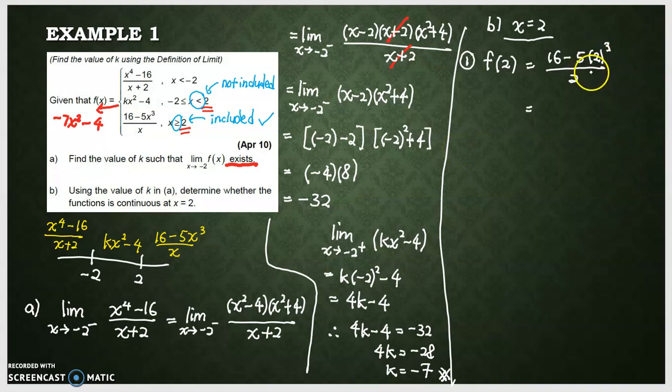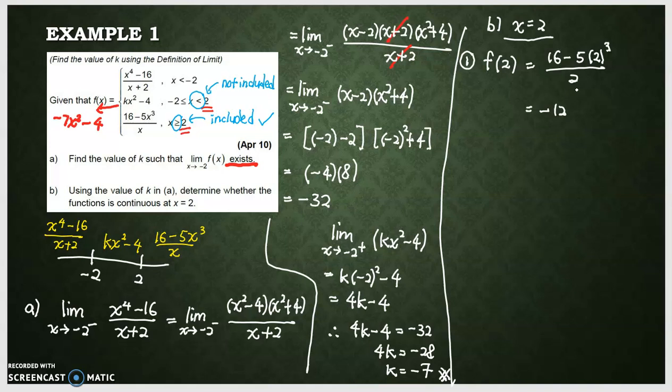So 16 minus 40, divided by 2, is negative 12. You can use your calculator to calculate it. So the first condition is negative 12.